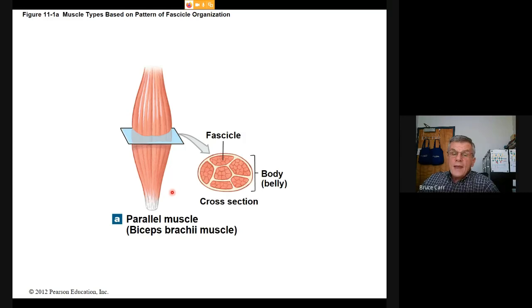So what we have here is a parallel muscle, the biceps brachii, designed to pull in a straight line. And it's a fairly large muscle. Flexing the elbow is really a pretty important job, given how much we use our hands and our arms. So, first muscle is a parallel shape.